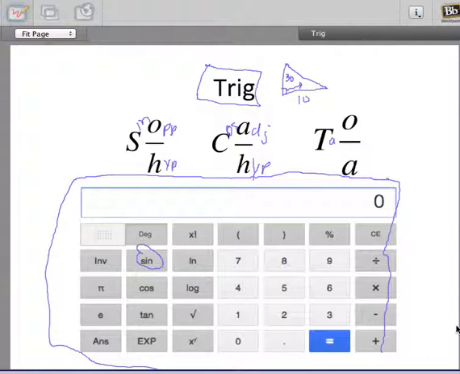And TOA: tangent, T-A-N, just down here, is opposite over adjacent. Okay, SOHCAHTOA. So we always want to keep that in mind when we're trying to set up our ratios. Sine is the opposite side over the hypotenuse. Cosine is adjacent over hypotenuse, and tangent is opposite over adjacent. Adjacent just means right next to you, right?